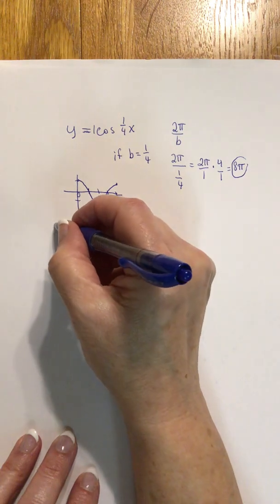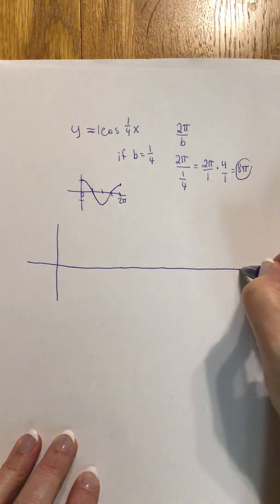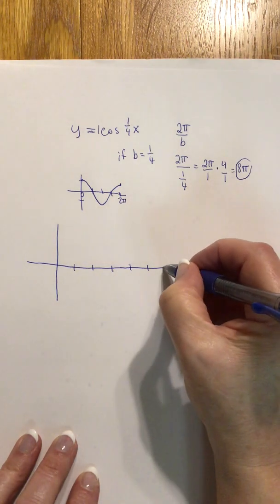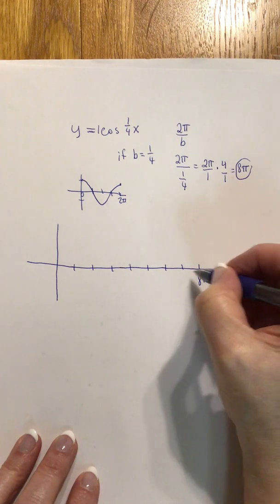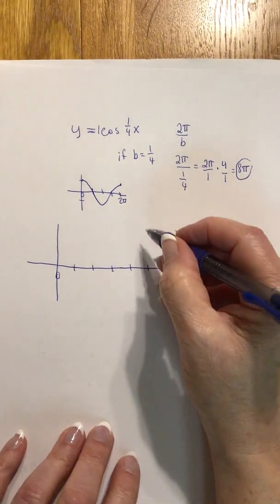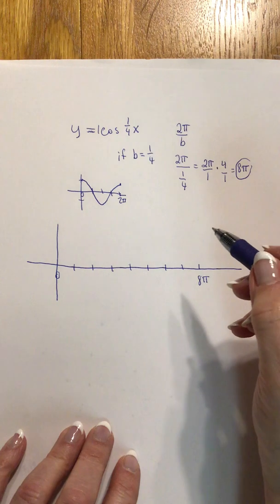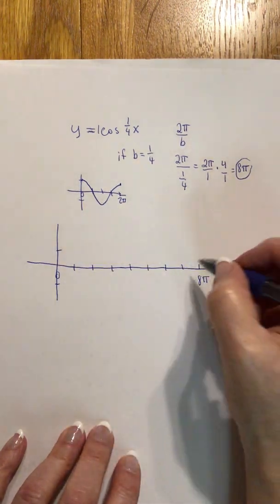So I start out with graph. So there's 8 pi, and here's 0. Now we didn't have any horizontal shift. All we had was the difference in the period. Let's label these off first though.